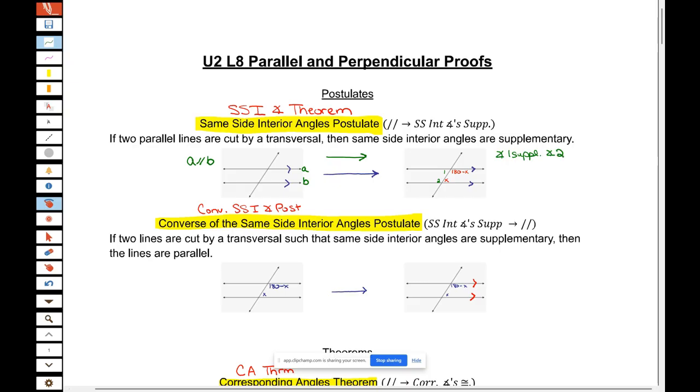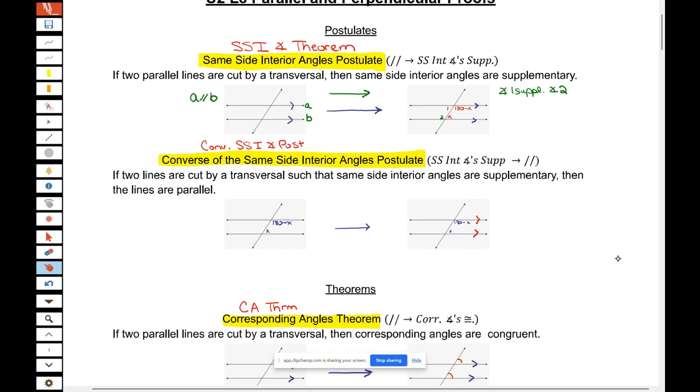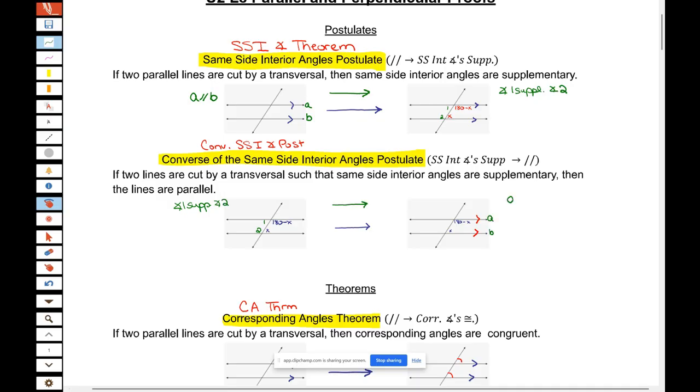Okay, or the ones on the right if you prefer to call them that. But in the converse, if we start with angle 1 supplementary to angle 2, then we can conclude that line A is parallel to line B.